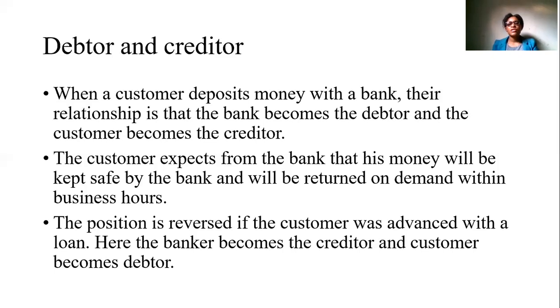Okay, then we also have a situation where a customer overdraws money from his account. When a customer overdraws money from his account, that is a bank overdraft. The relationship is the same as for a loan.